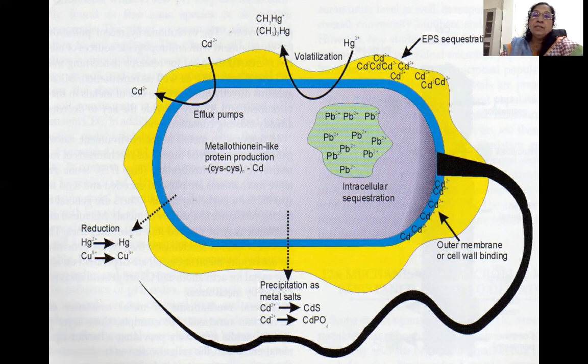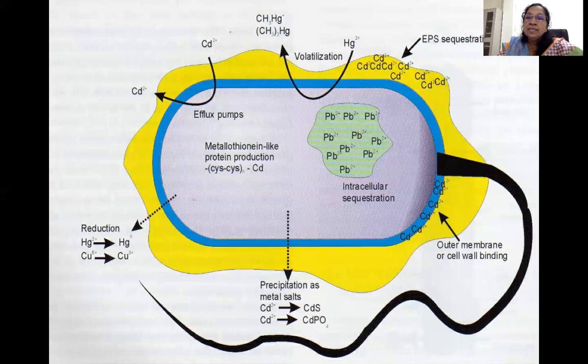And this EPS or extracellular polysaccharides sequesters or captures certain heavy metals outside the cells and thus prevents the entry of this heavy metal into the cells. That is EPS sequestration, for example, cadmium. And certain microbes will also bind the heavy metals on the surface of the cell membrane.